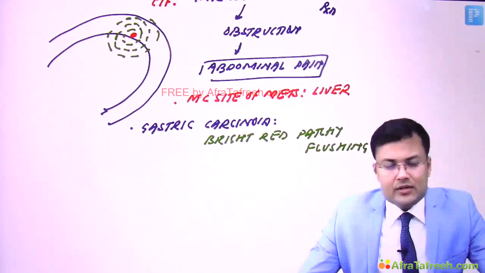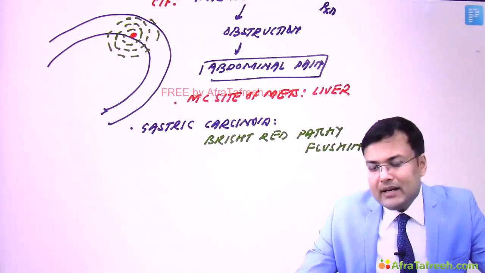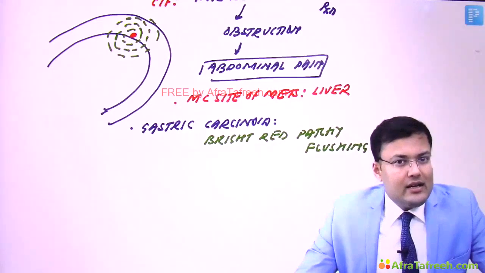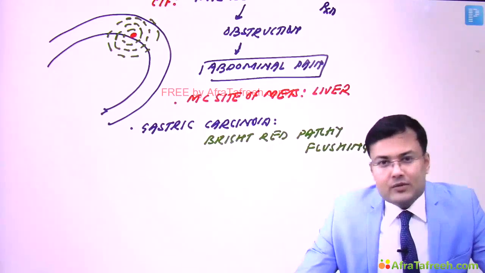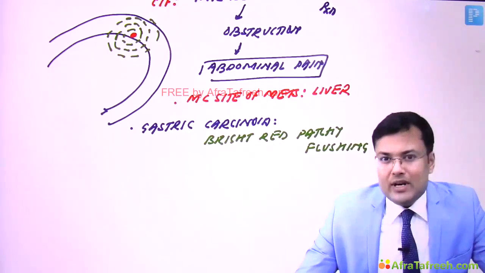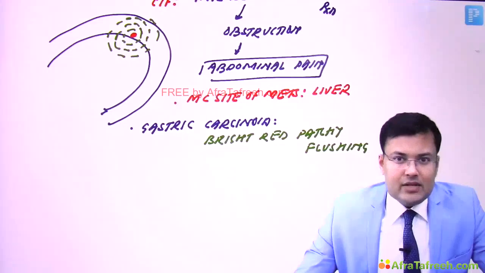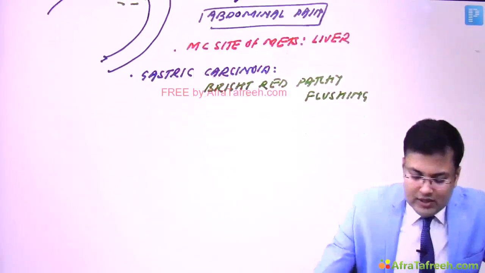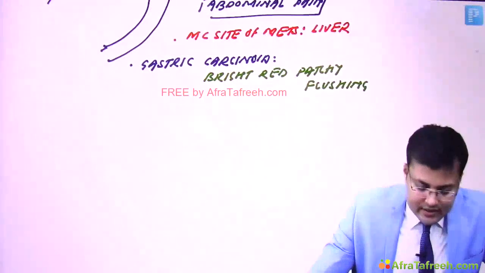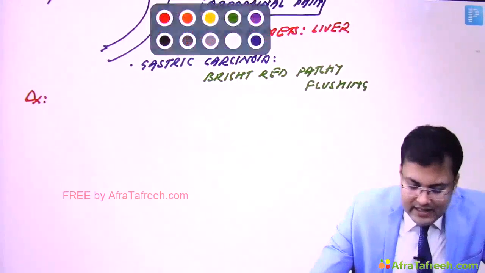Now coming to the diagnosis. So we discussed when we were discussing pancreatic neuroendocrine tumors that generally in cases of neuroendocrine tumors, the diagnosis is made in laboratory by measuring the active substance or its byproduct. So what's the byproduct which is detected in urine here? It's the 5-HIAA.